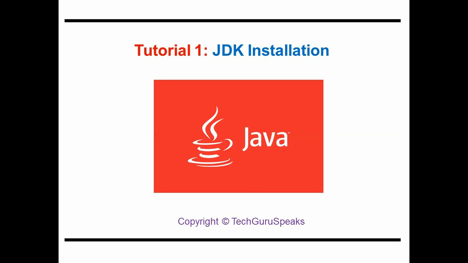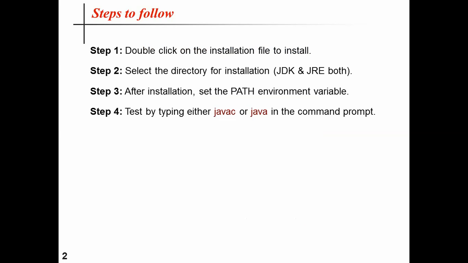Today I would like to describe the JDK installation process. So first, I double click on the installation file to start installing the software. Then I have to select the directory for installation. Here you have to install JDK and JRE both.